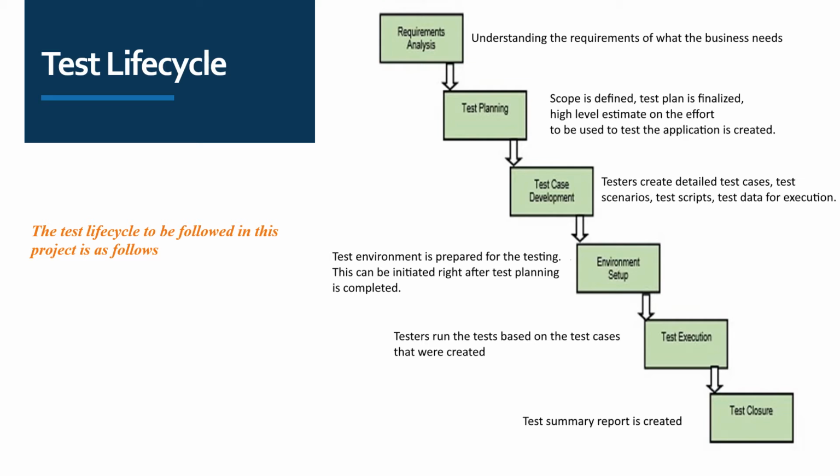And for the closure, the test summary report is created. On the test delivery side, turn over necessary project documentation to the support team, perform the retrospective meeting, and hand over as required.